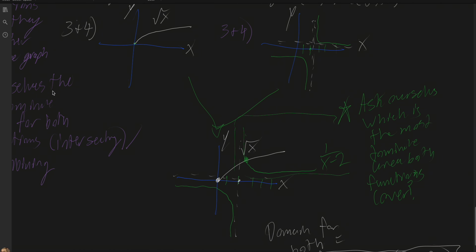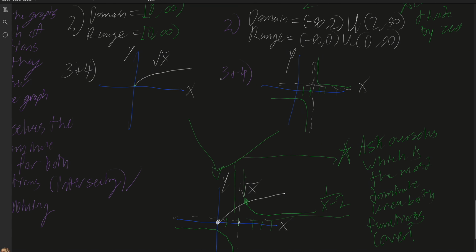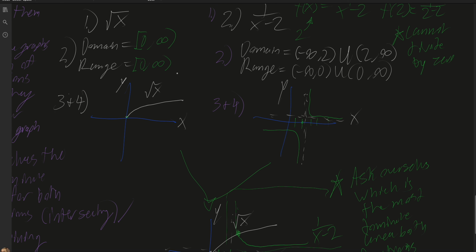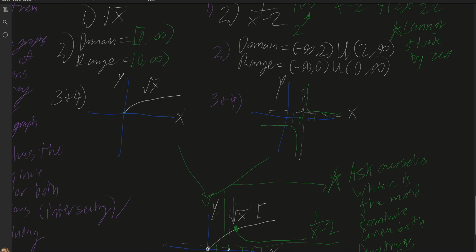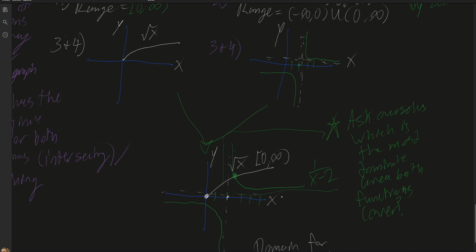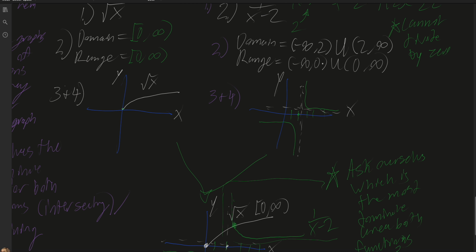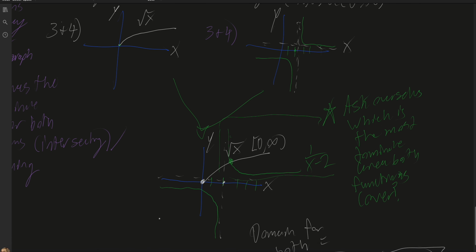Now when we focus on the range, actually, the range is going to be quite unique. All we have to do whenever we are combining is just look at the ranges: the range for the square root of x, which we know over here is going to be including 0 all the way to positive infinity. And for the y range of a reciprocal function, given the fact that we're only looking at the y-axis, we're seeing what it's not touching.